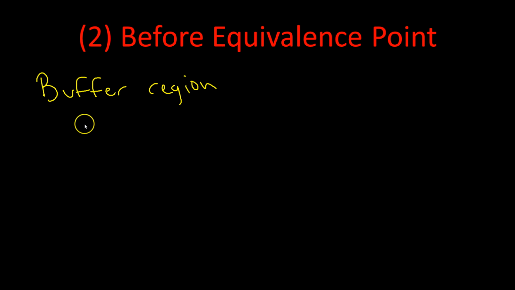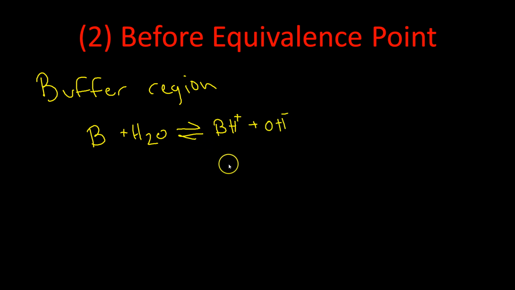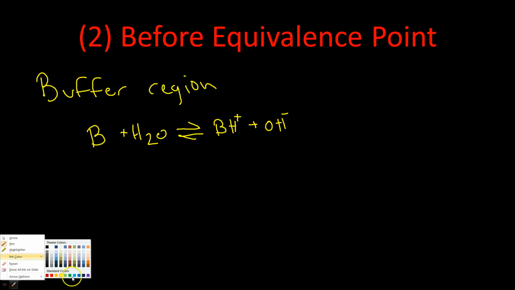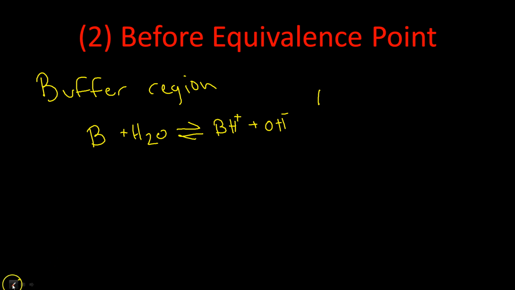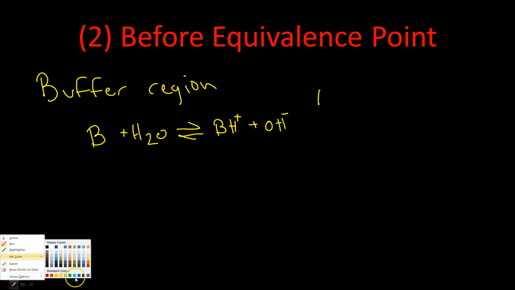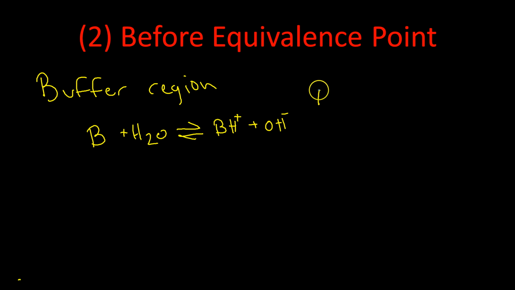If we think about our reaction, we have our base plus water going to BH+ and OH-, hydroxide. What we're doing is adding our titrant here, which in this case is H+.